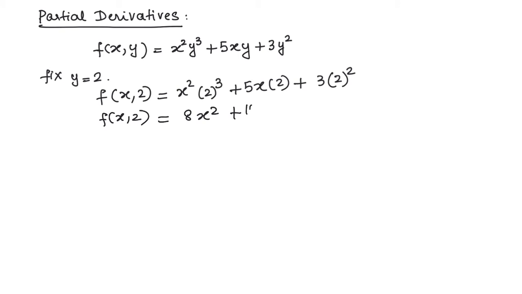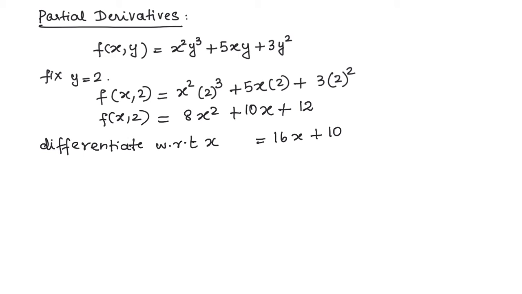Then simplify. Then if you differentiate with respect to x, we will get 16x plus 10, because the derivative of x is 1 and the derivative of 12 is 0.